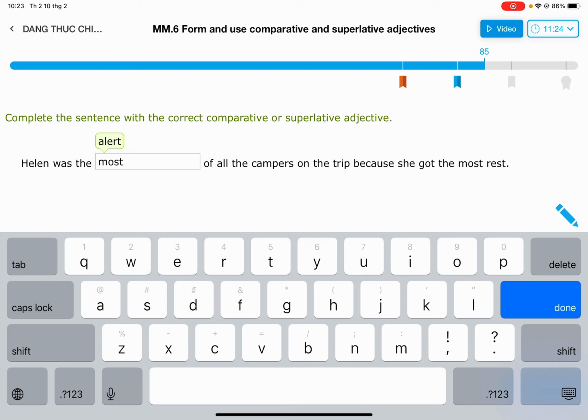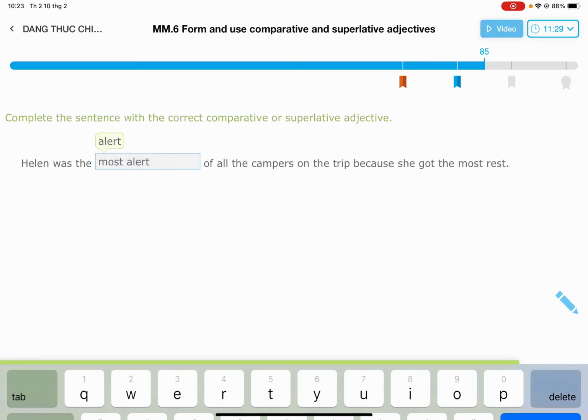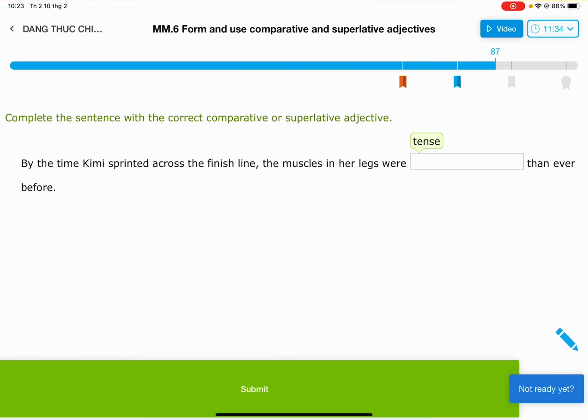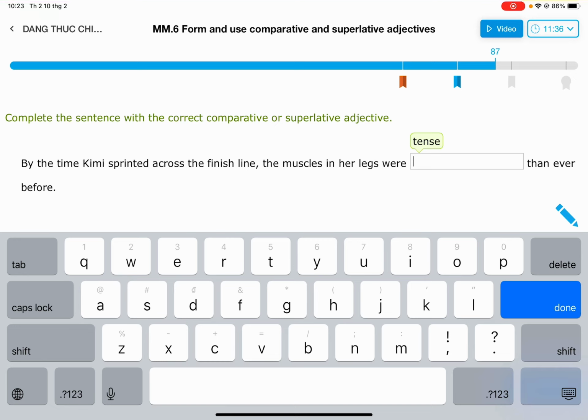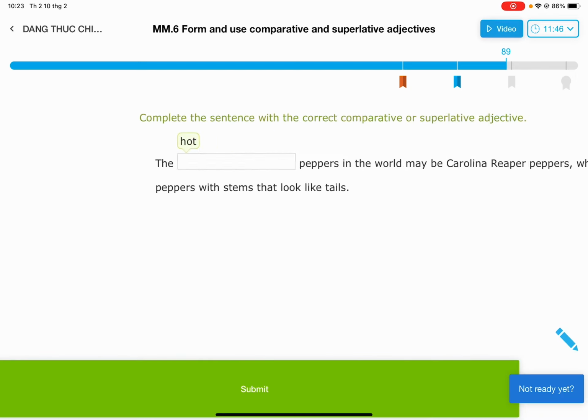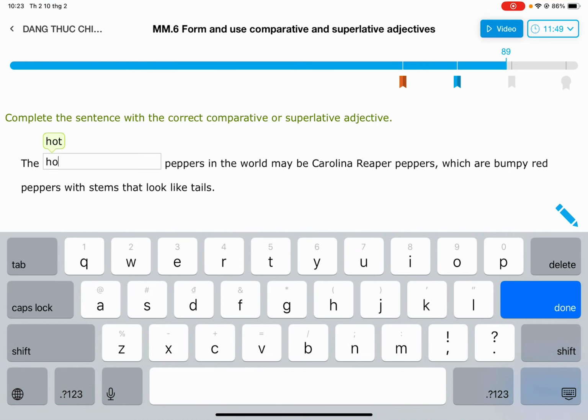Most alert because it has two syllable. The muscles in her legs were tenser, tenser than ever before. The hottest pepper in the world may be the Carolina Reaper pepper, which are bumpy red pepper with stems that look like tails.